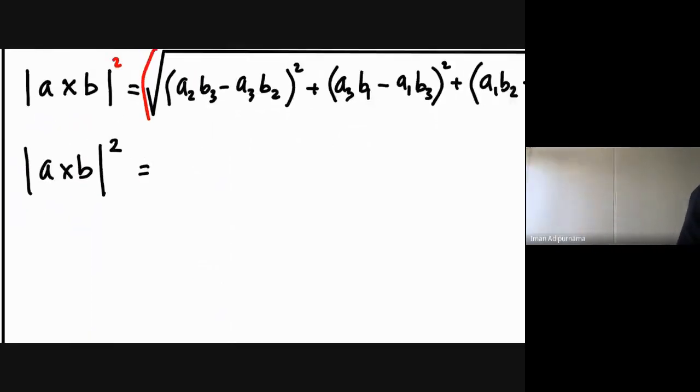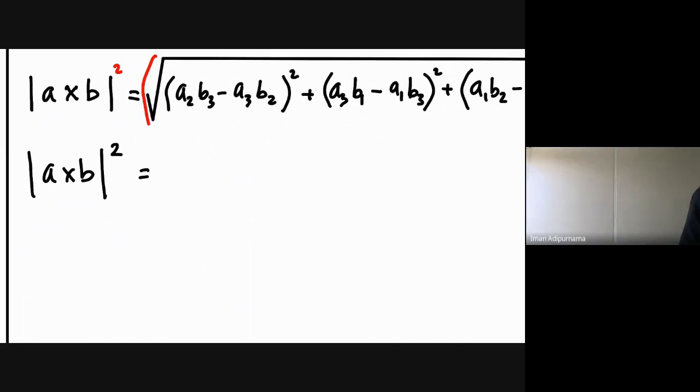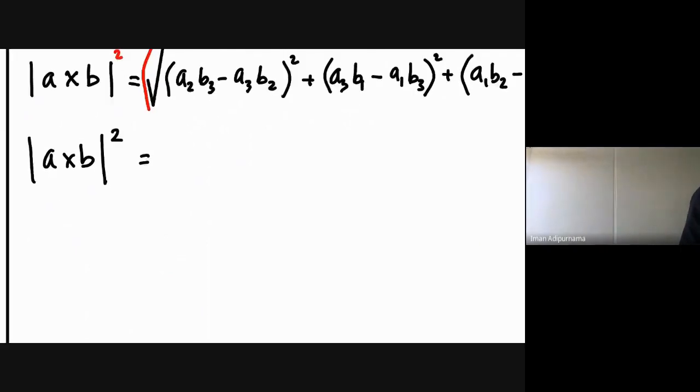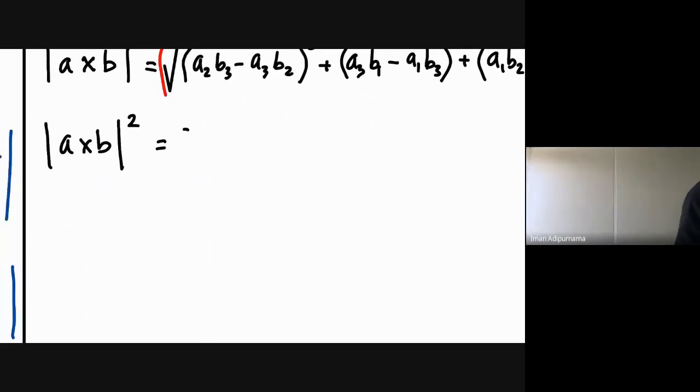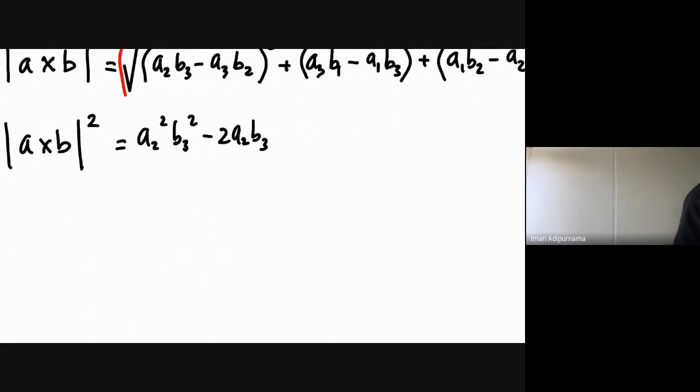And then let's expand the form. So this will be A2 squared B3 squared minus 2 A2 B3 A3 B2. Or let me make it more clear.